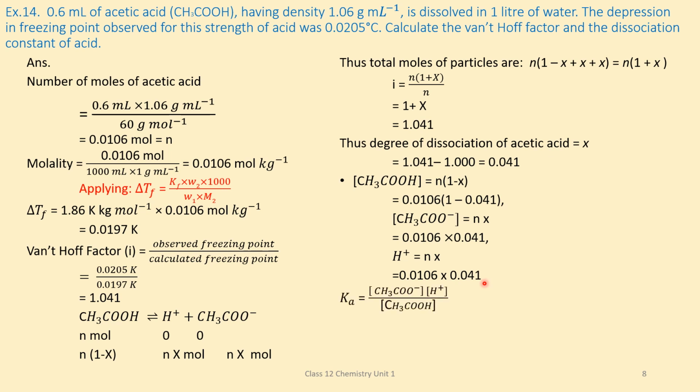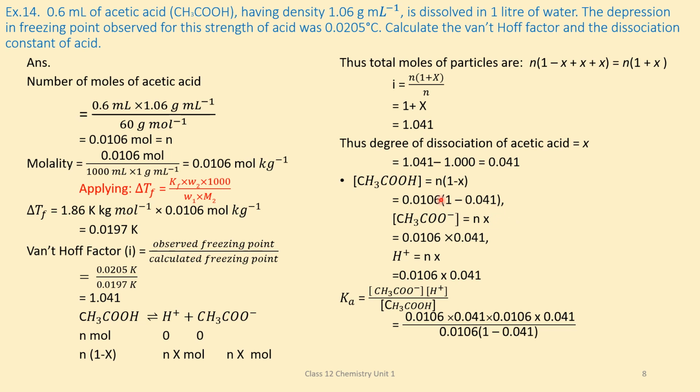Now to find the value of Ka, we have to use the relationship Ka is equal to CH3COO minus into H plus divided by CH3COOH, that is equal to 0.0106 into 0.041 into 0.0106 into 0.041 divided by 0.0106 into 1 minus 0.041.